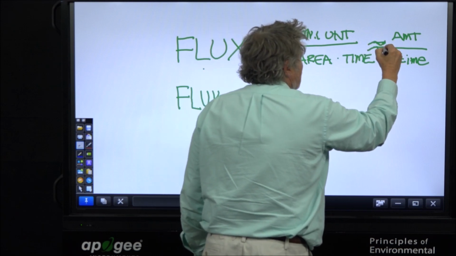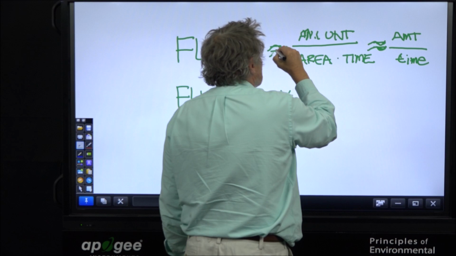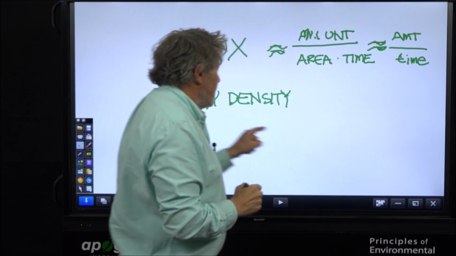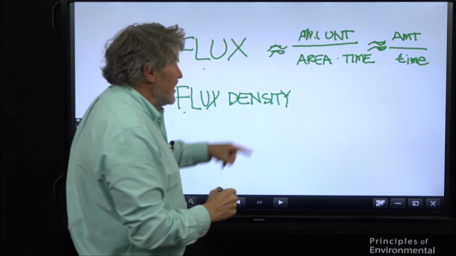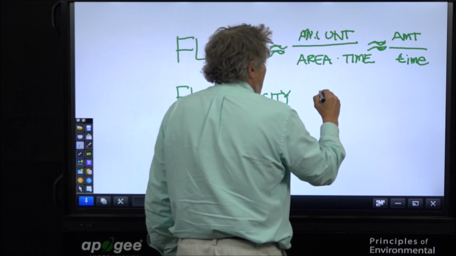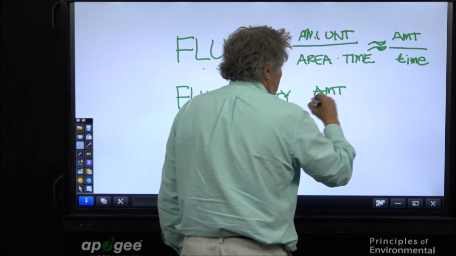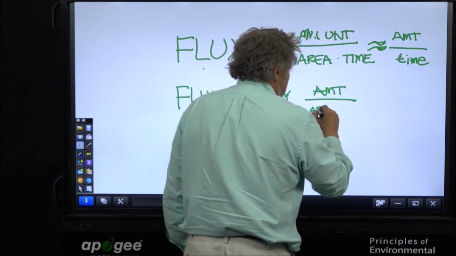These terms are used interchangeably. If flux means an amount per time, then we reserve flux density for amount per area per time. Amount, area, time.